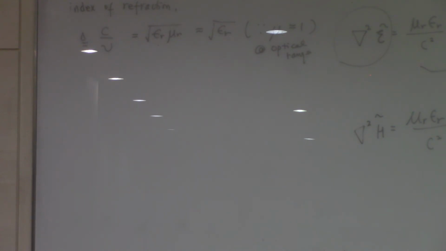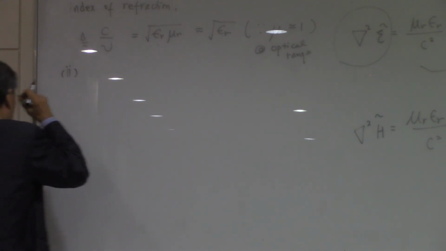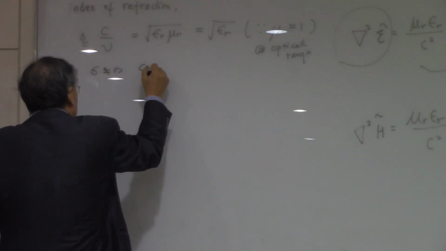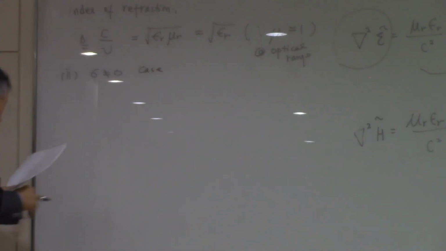Now, what happens if the conductivity is not 0? So it's a conductor. Sigma is not equal to 0 case. Okay, then we have to use the whole equations.